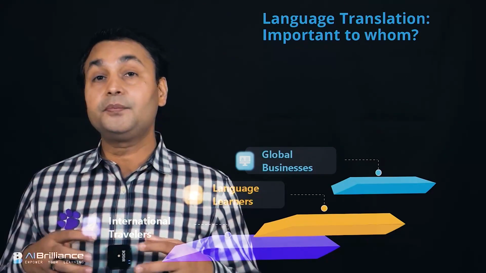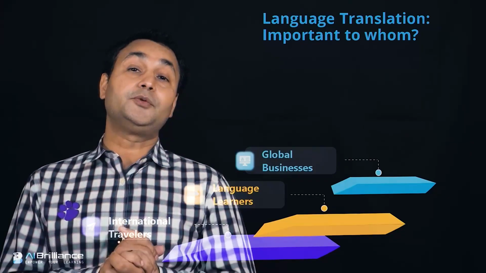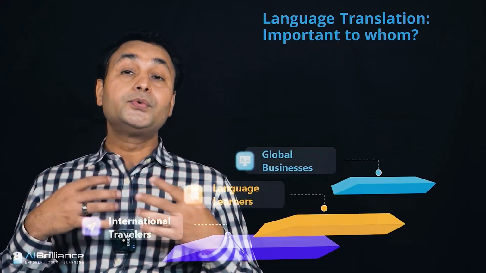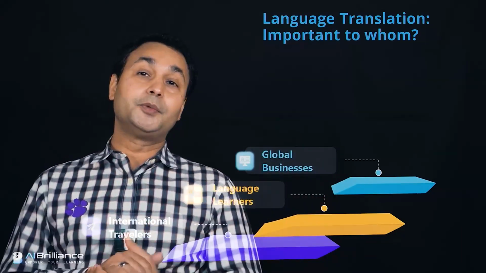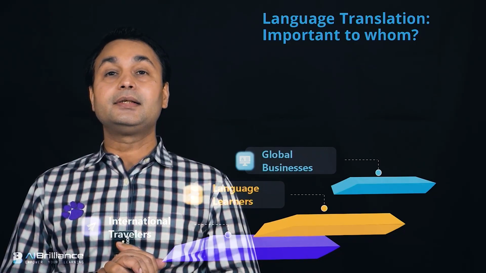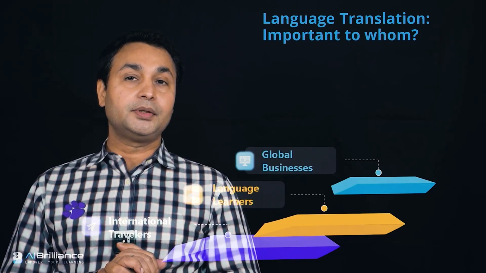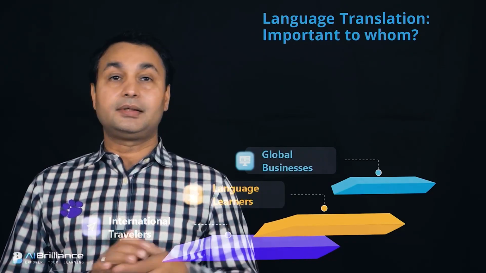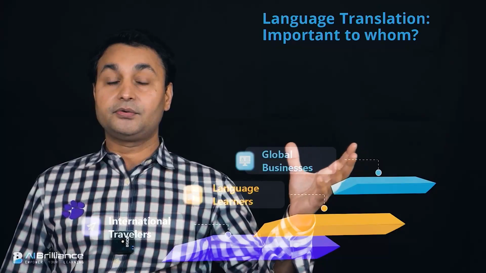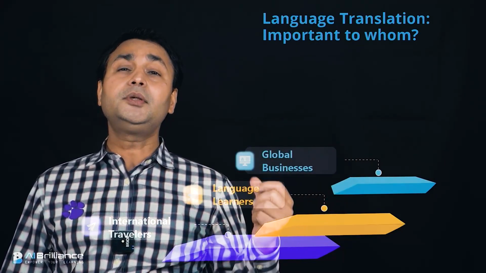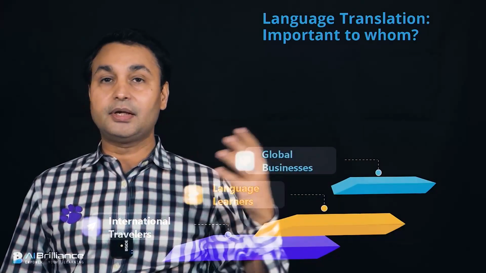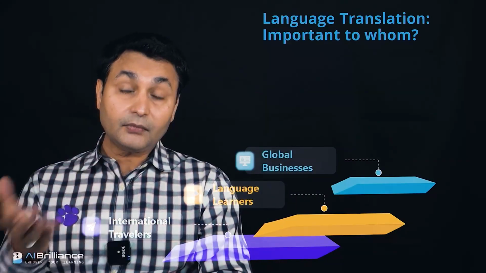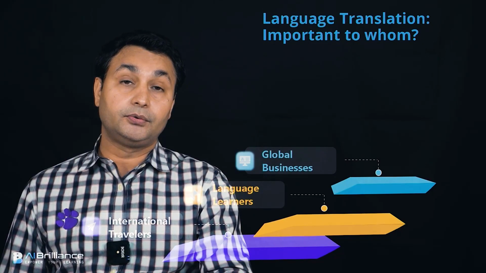The documents and material that you have created for your main country might not be suited to a new country where your global business is operating, and in that setting you might want to translate the documents and other important things with respect to your business, and language translation becomes very, very important. So anyone who's operating globally typically will tend to use language translation, and for those purposes, Google Translate and ChatGPT could be useful tools.